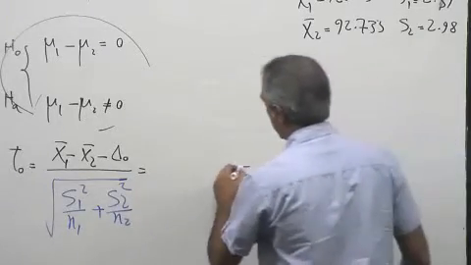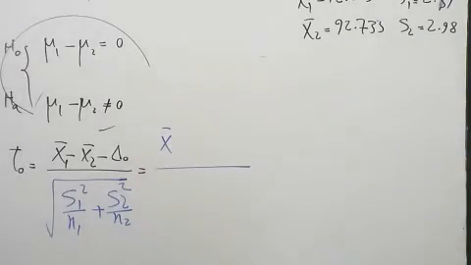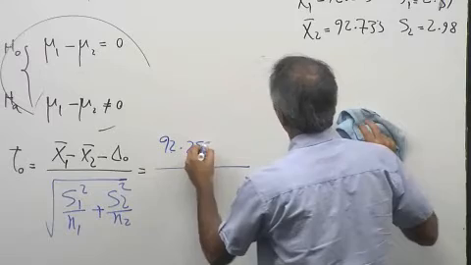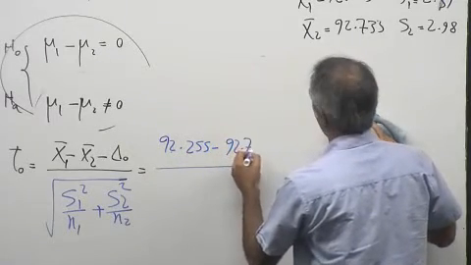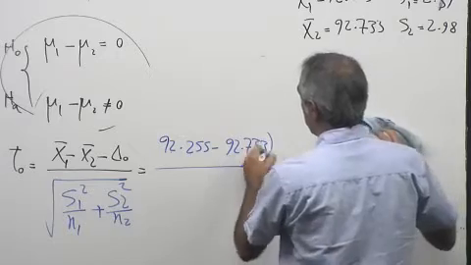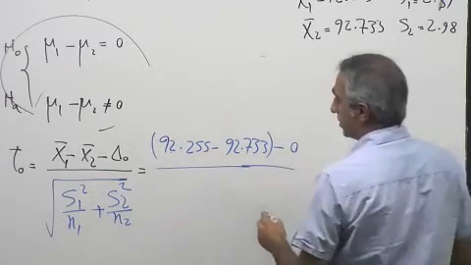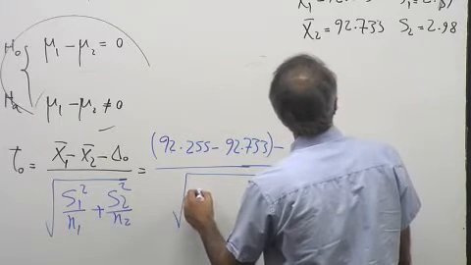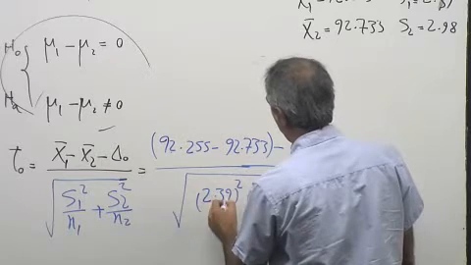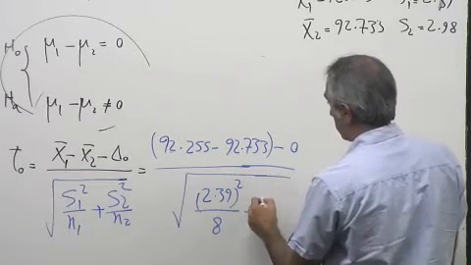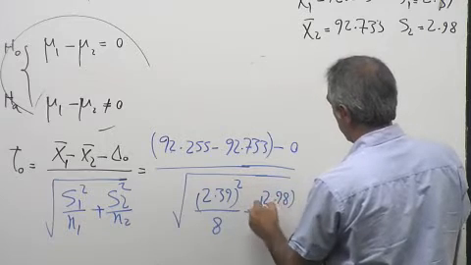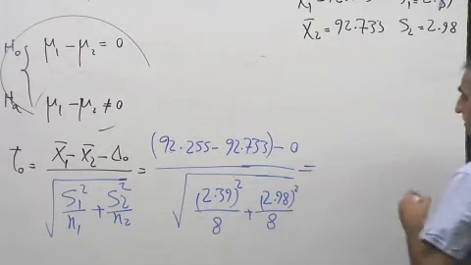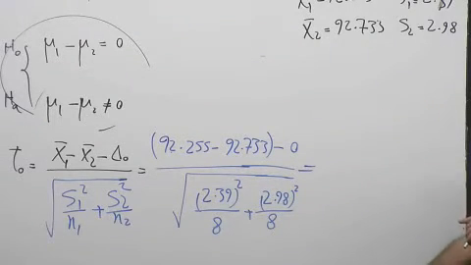So let's just start with x bar 1 minus x bar 2, which is 92.255 minus 92.733 minus 0, and S1 squared, which is 2.39 squared divided by 8, and 2.98 squared divided by 8. If somebody can tell me what this number is. Do you have it? Not yet? Okay.